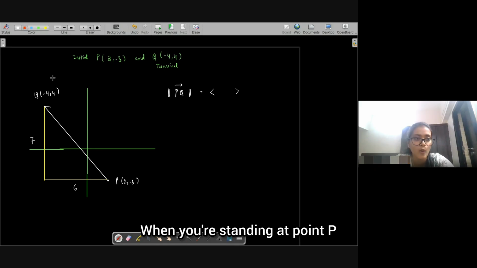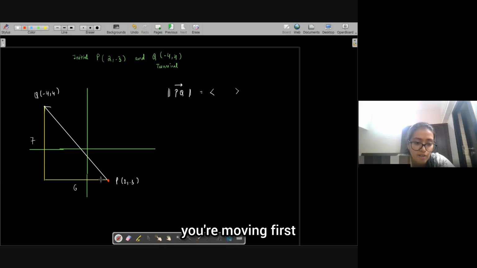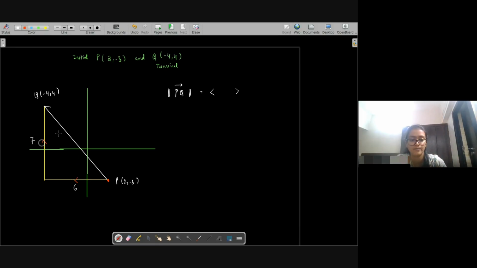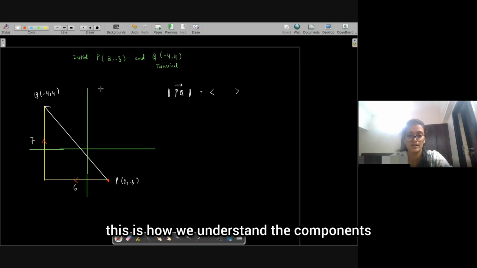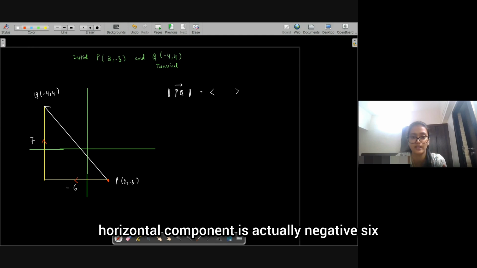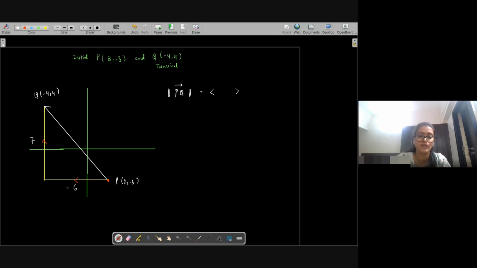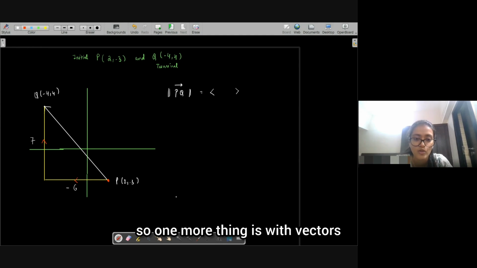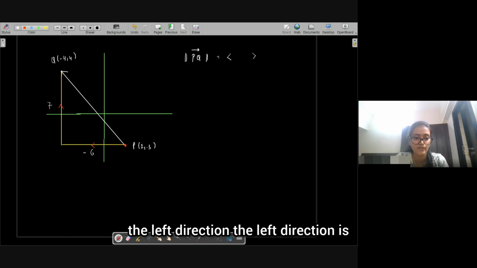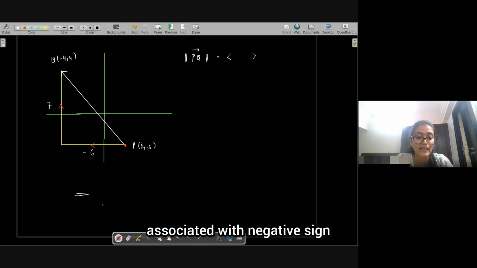When you're standing at point P and you have to go to point Q, you're moving in the left direction, and then you're moving up. This is how we understand the components. First, you're moving left by 6 units, so your horizontal component is actually -6 because you're moving left. One more thing with vectors: the left direction is associated with a negative sign.